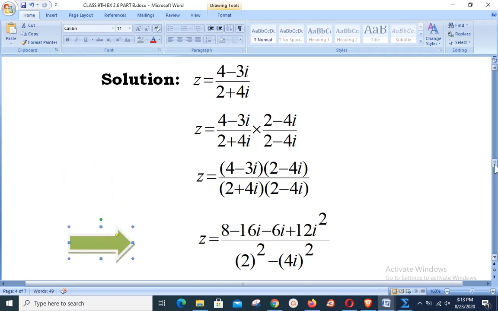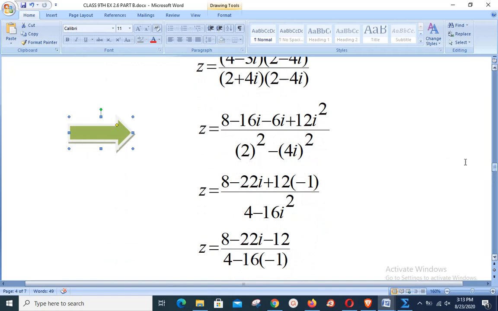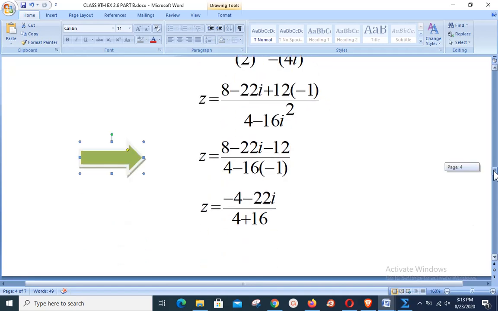In the next step, using iota square is equal to minus 1 and simplifying these like terms containing iota, we have z is equal to 8 minus 22 iota plus 12 into minus 1, whereas denominator is a square minus b square gives us 4 minus 16 iota square. Next step, we have 8 minus 22 iota minus 12 over 4 minus 16 into minus 1.